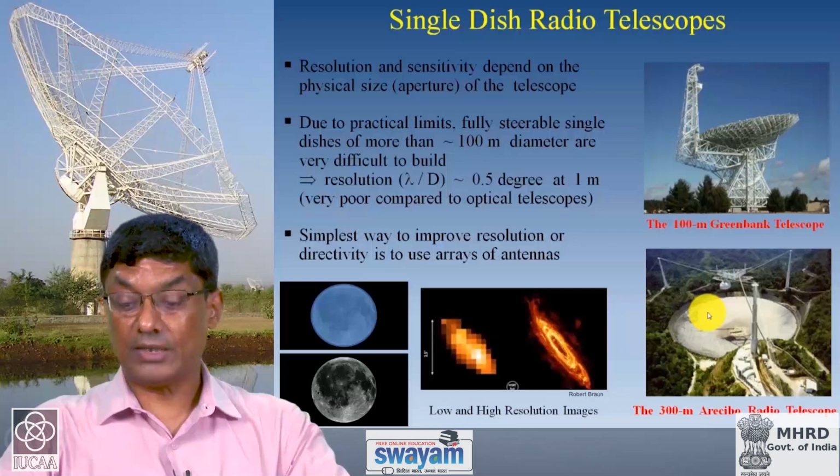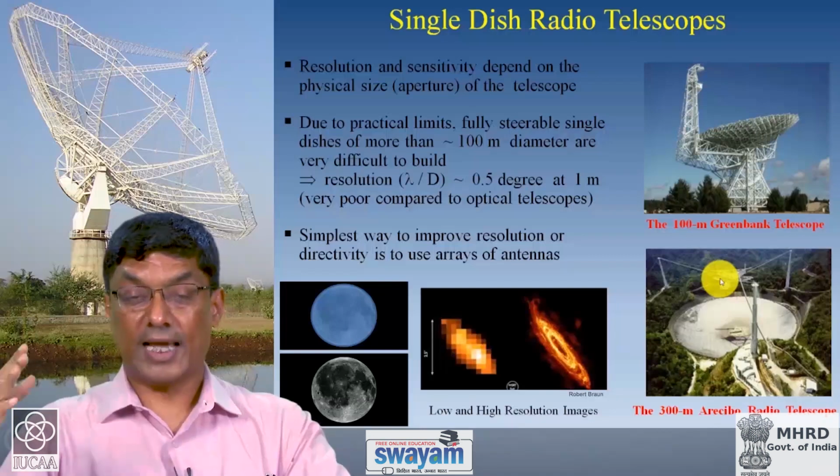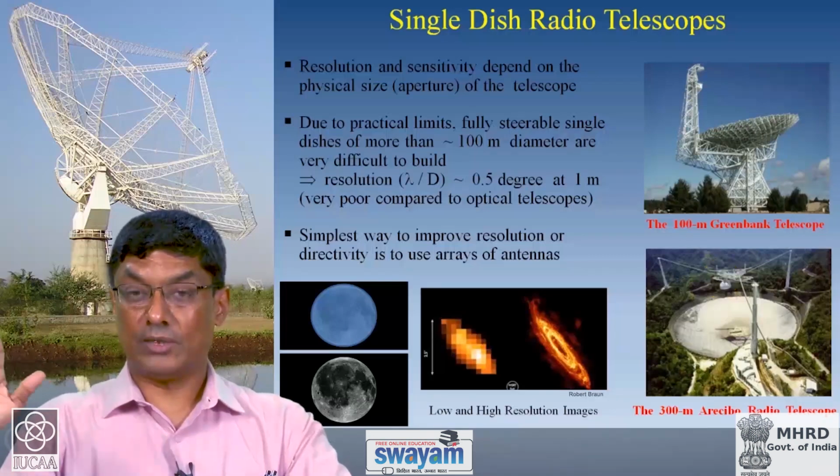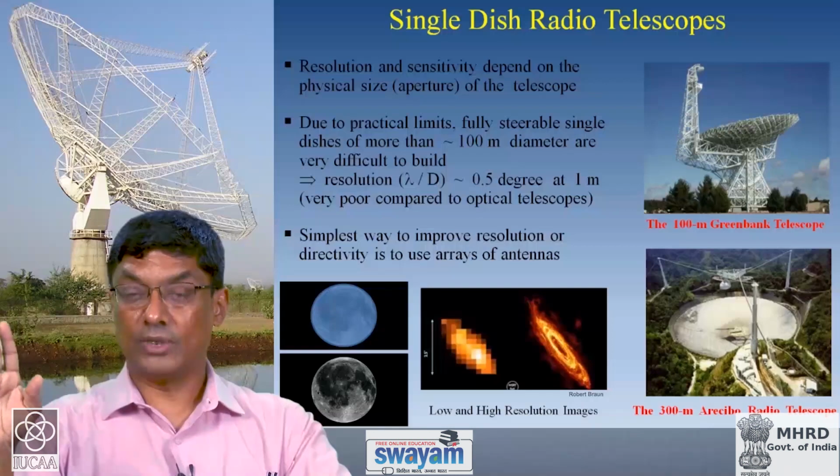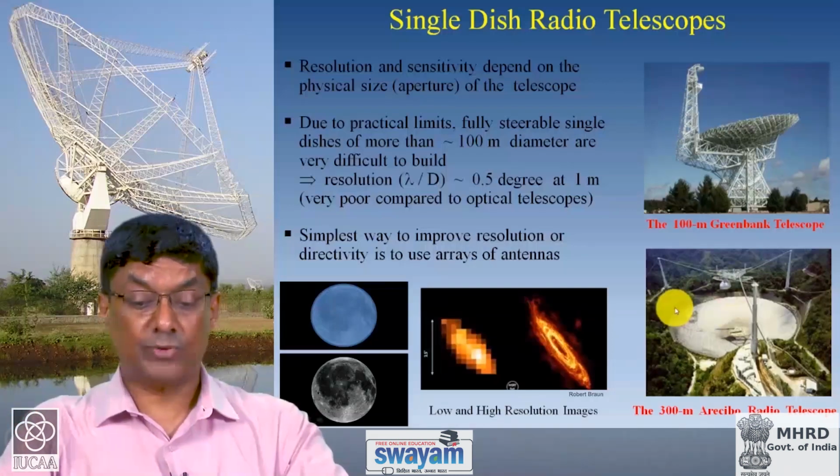But they are fixed in the ground, and only the feed element here at the focus has some ability to be moved so that you can get some limited coverage in the sky. So they act like transit instruments, but with some limited ability to look around in a range of angles around the zenith that the antenna is pointing to.